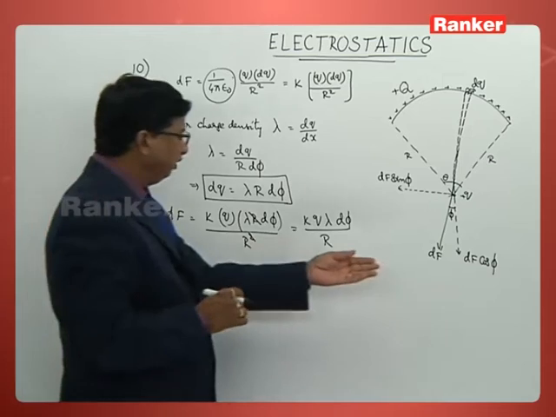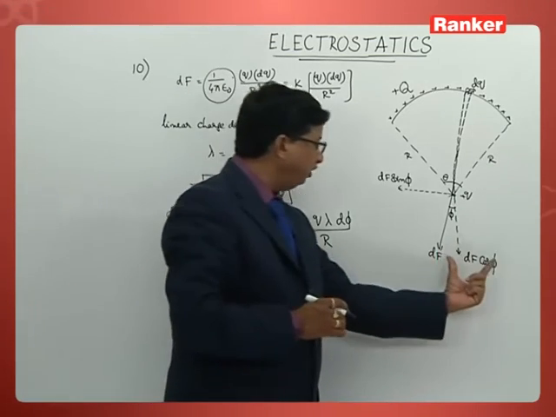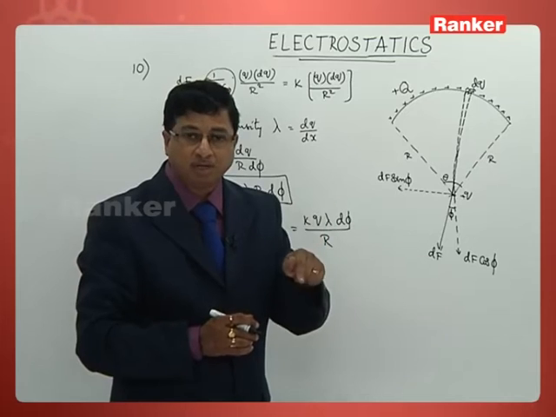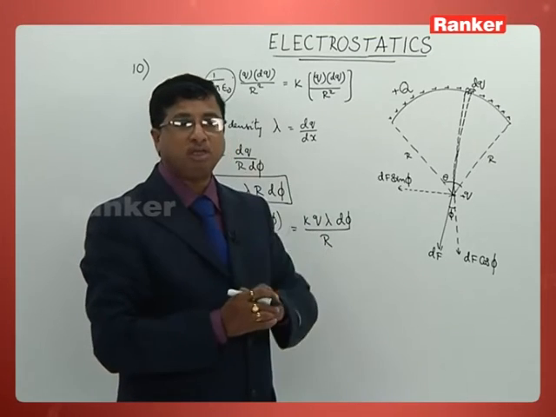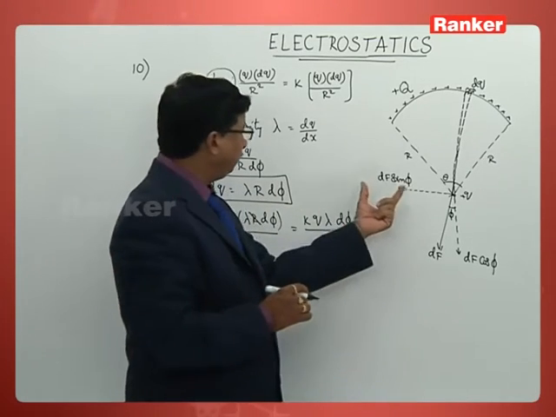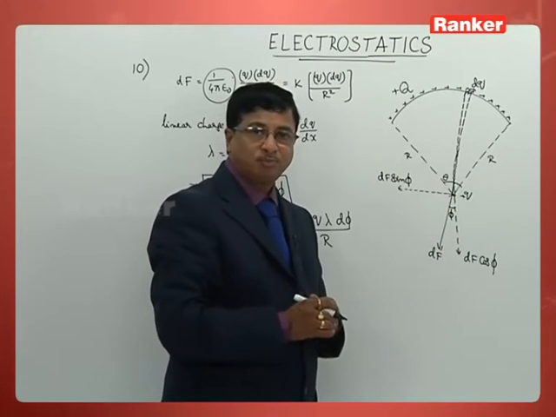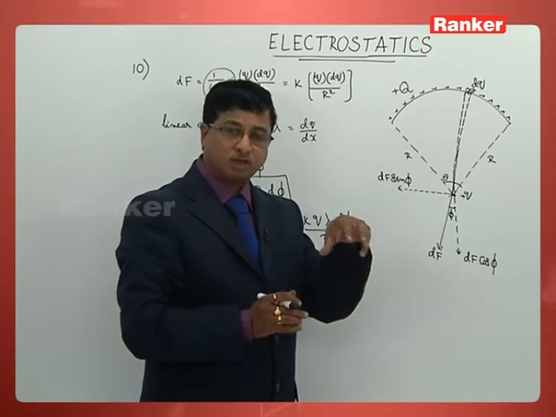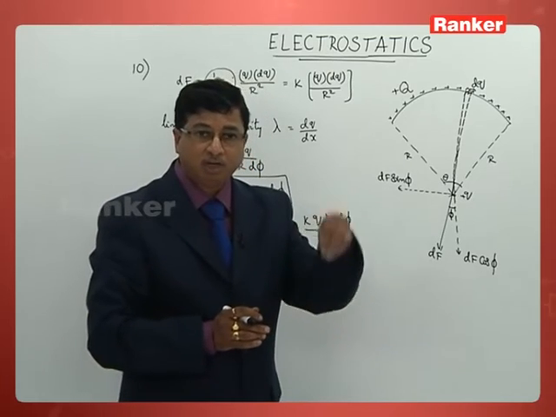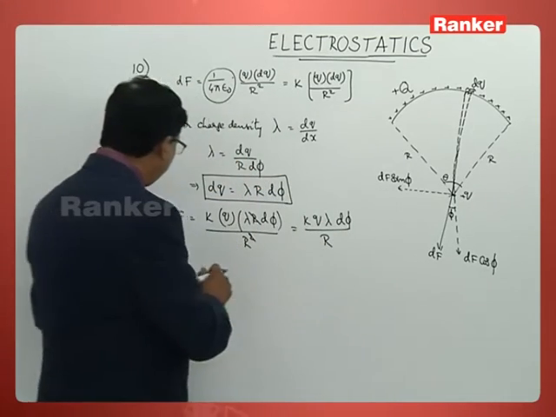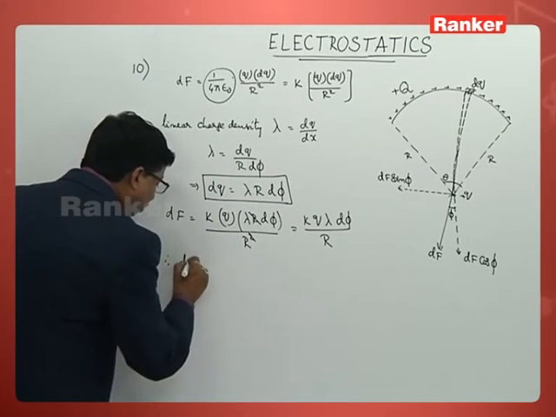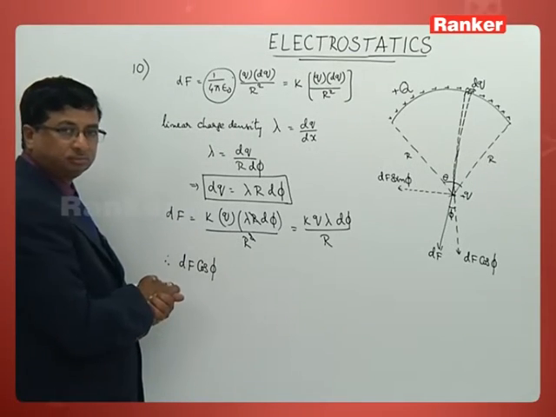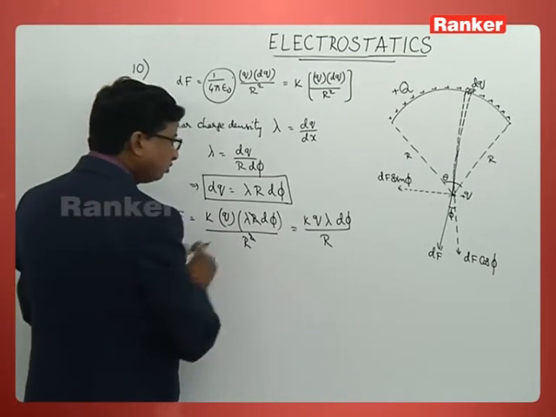But we know pretty well what will be the value of df cos phi, because df cos phi values are being added up. That's what I have already mentioned in the beginning. df sin phi is getting cancelled, but all the values of df cos phi are going to be added up in the downward direction. Therefore, I can write now what is df cos phi. df is this much.